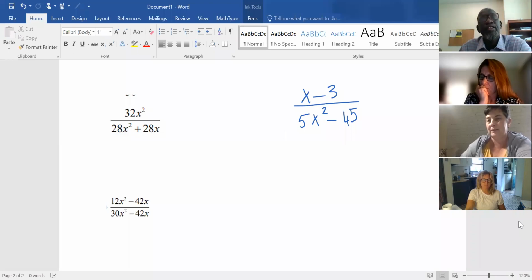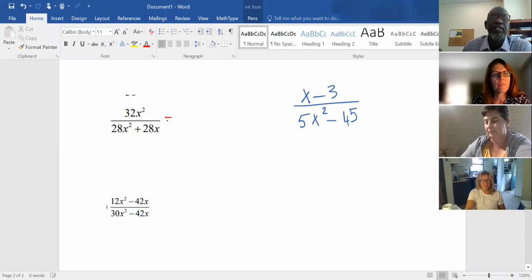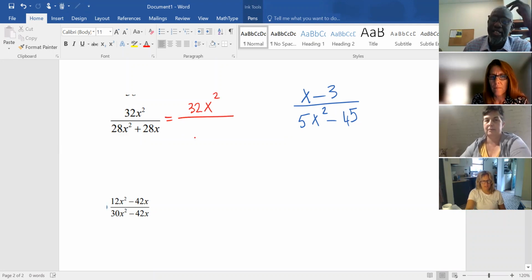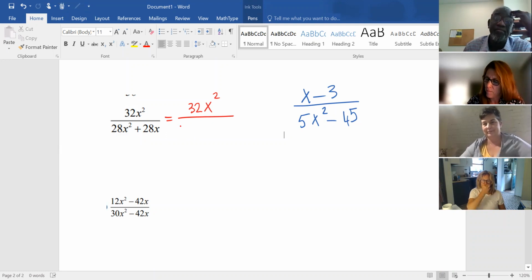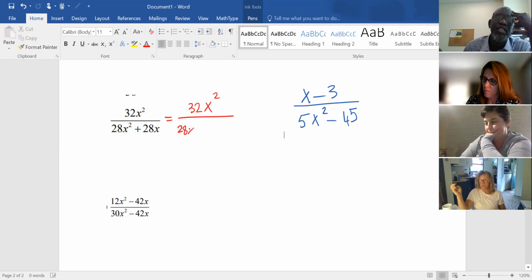Okay, tell me what you did to the bottom now. Well, I pulled out the 28x, and then you have x plus 1. Exactly, 28x. That is a GCF, right? GCF here happens to be 28x. So when I do the factoring, I get x plus 1.